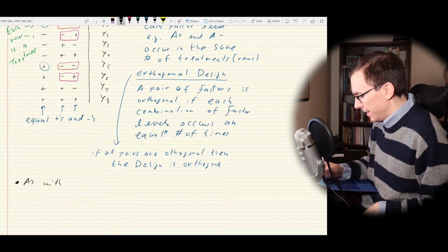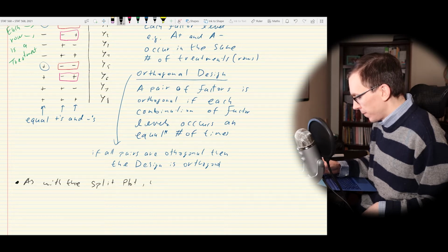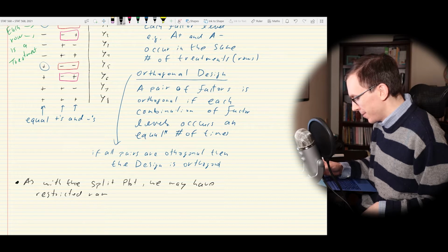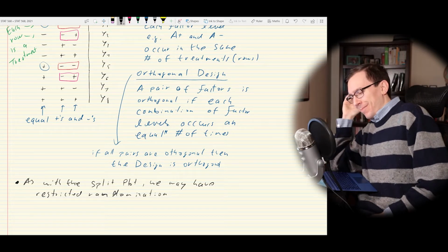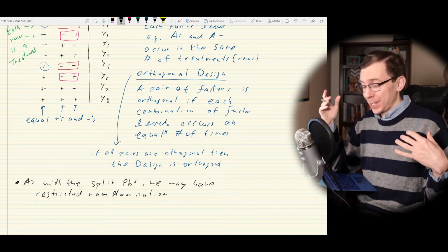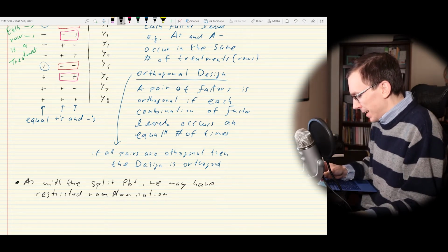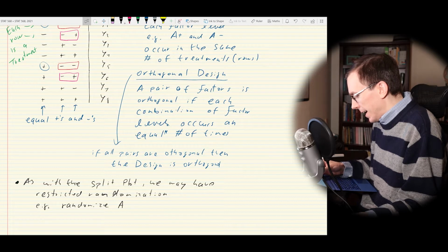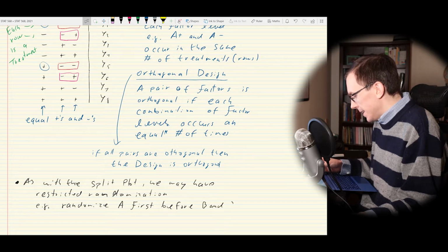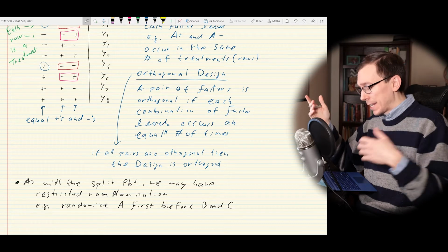As with the split plot, we may have restricted randomization, where we have to, for example, randomize A first before B and C. So that could be the case, or we could just fully randomize it.